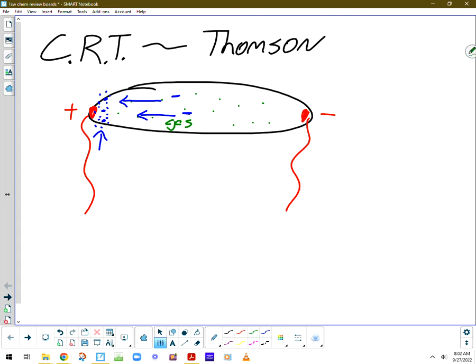Since they were flowing toward the positive end of the tube, they determined that they had to have negative charges. Furthermore, when they repeated this experiment, they found that pretty much any gas would show the same results. So they said, hey, there are negative particles in every substance we have here. And they have to have some kind of mass, because later on they modified the experiment a little bit to put a little wheel with little paddles on it.